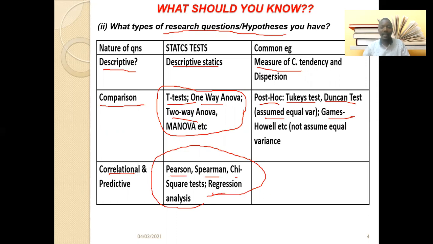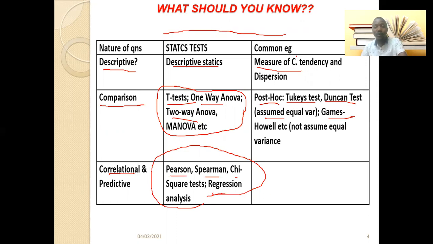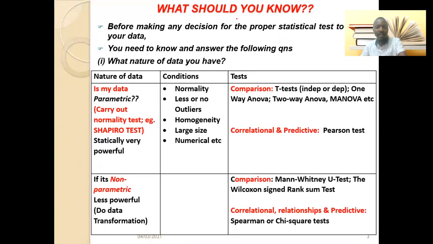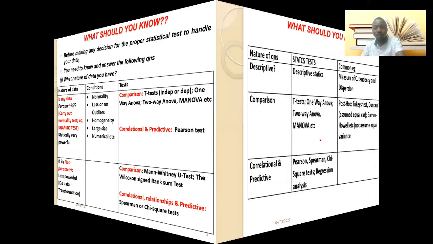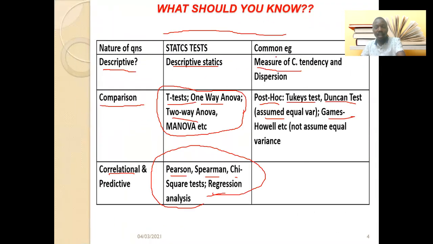In deciding, you also need to remember what we said before, whether it should be parametric or non-parametric. On parametric and non-parametric, what are the conditions and what are the statistical methods to be used? Looking at the objectives or the questions of your hypothesis or the study, these are the methods you need to select.